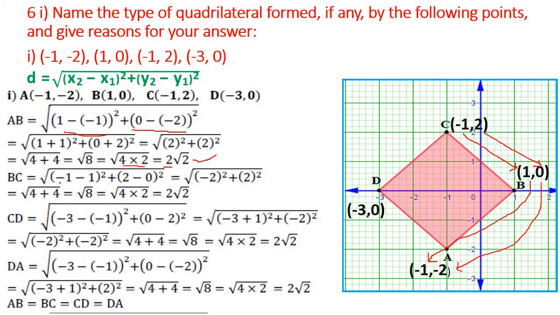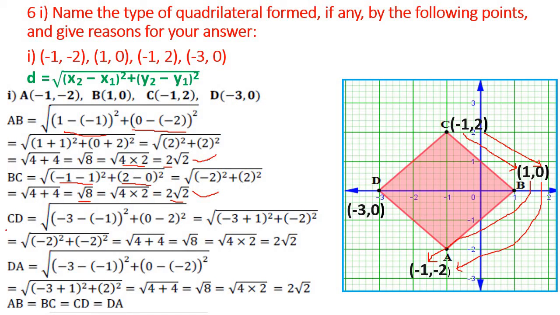Minus 1 minus 1 is minus 2 square plus 2 square. 2 square is 4, again 2 square is 4, which is root 8. Root 8 can be written as root of 4 into 2. Square root of 4 is 2, so 2 root 2. This is the length of BC.